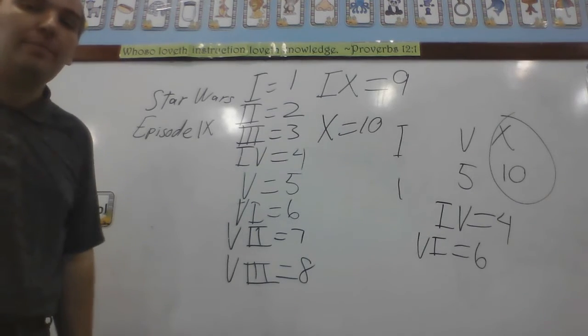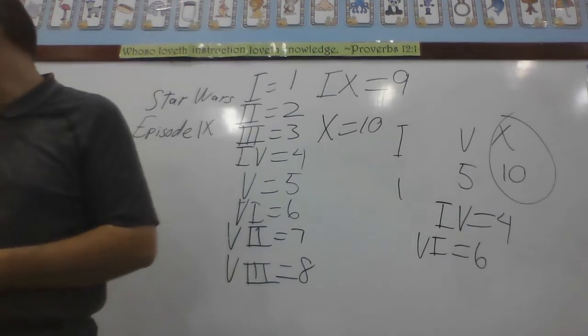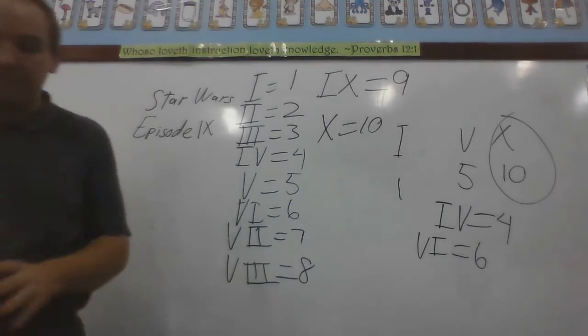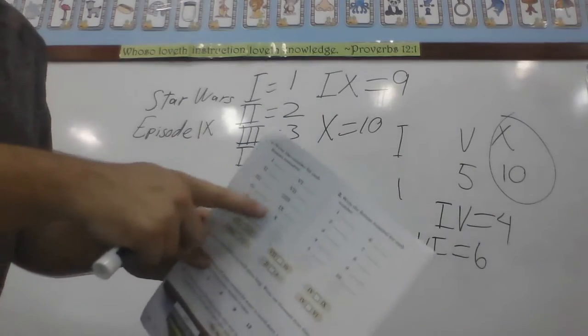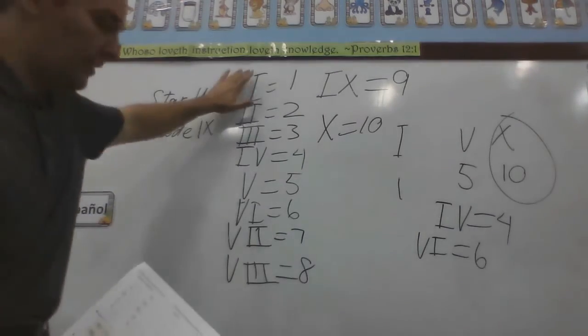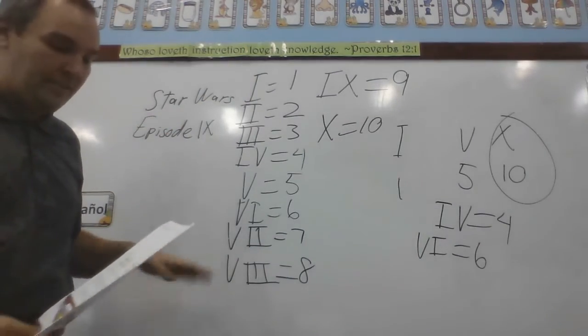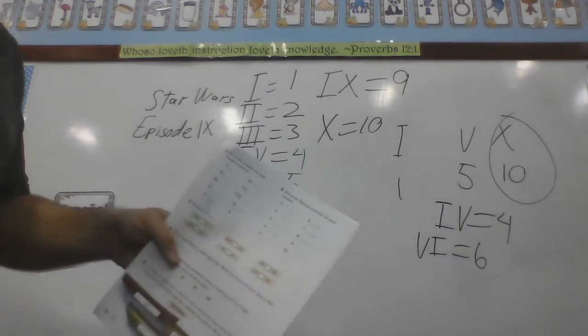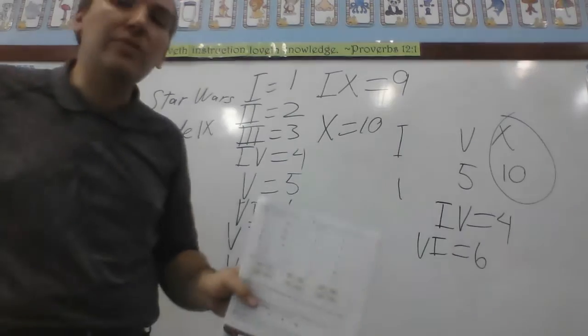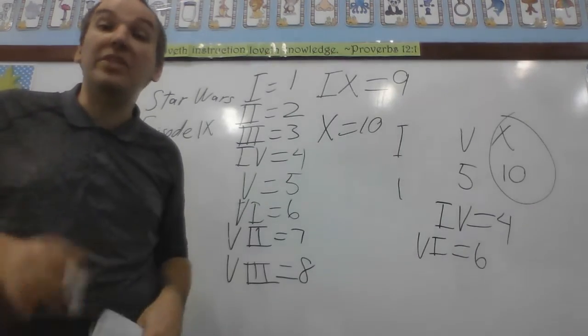Okay? So you have your paper there, and what you do is write down on this side what the numbers are. You see them right here. And on this side, you write down the Roman numerals. Okay? This sounds more difficult than it is. It's really not.